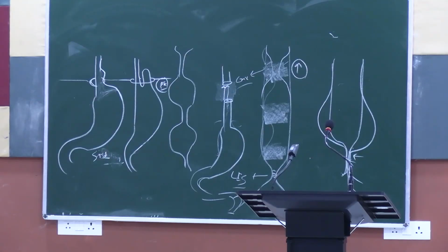First is obviously local spread. The disease is involving the esophagus, say the lower part or the upper part of the esophagus. It can involve the adjoining structures, the bronchus, or the trachea, or it can encase the blood vessels, and all the mediastinal tissues.